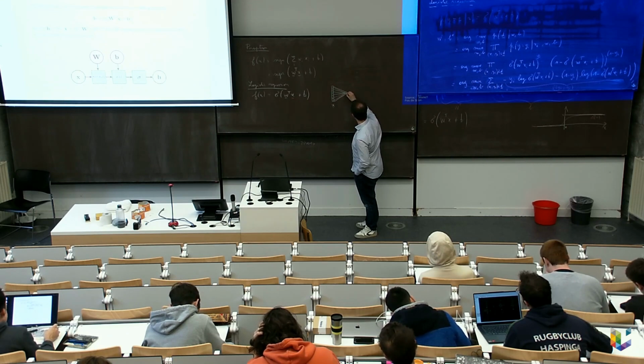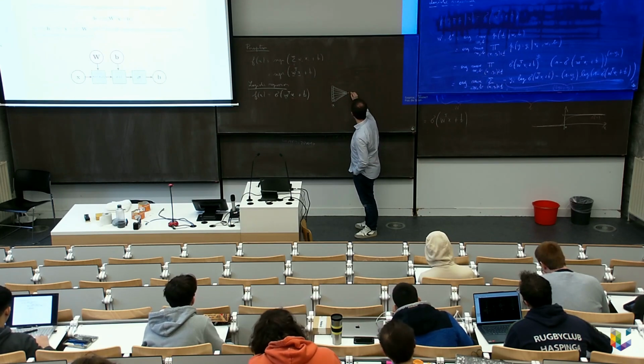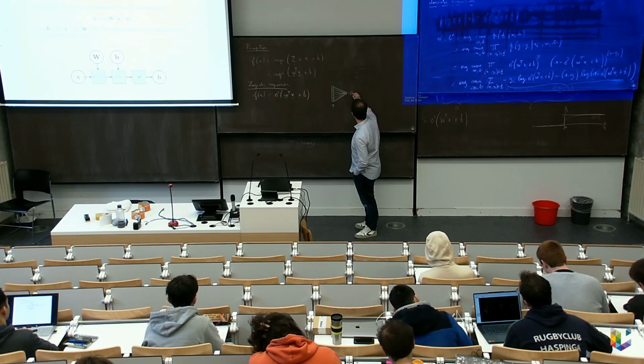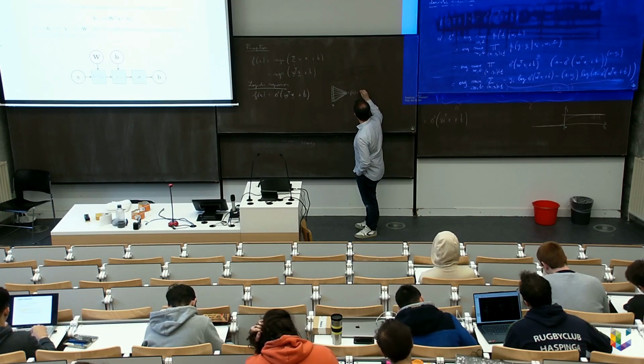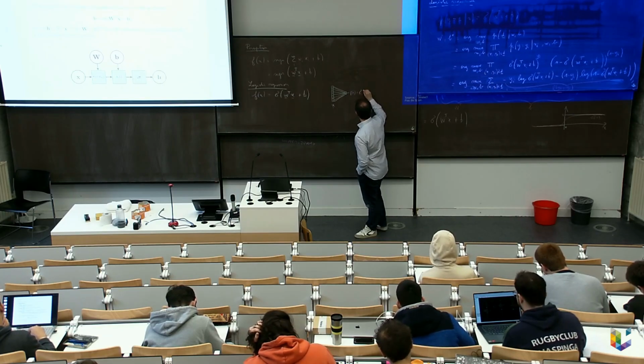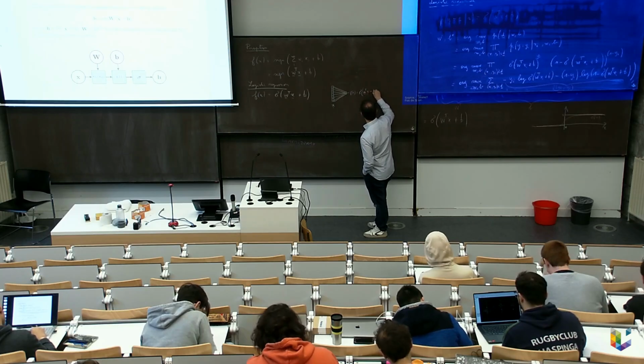And this would produce one single output, which would be f of x, defined as sigmoid of w^T x + b.